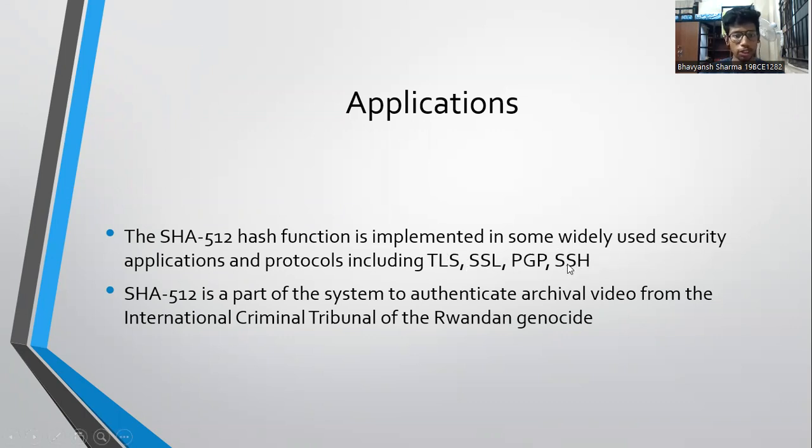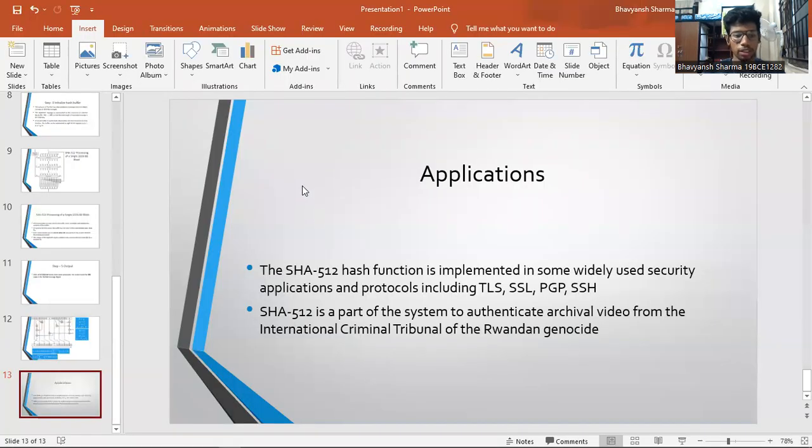SSH and SSL are widely used by GitHub. And SHA-512 is part of the system to authenticate archival video from the International Criminal Tribunal for the Rwandan genocide. So this is also an application of SHA-512. That's it from my end.